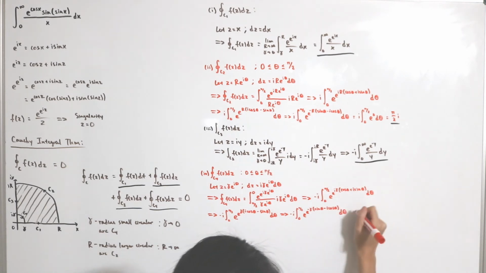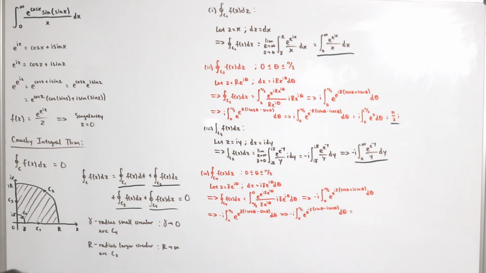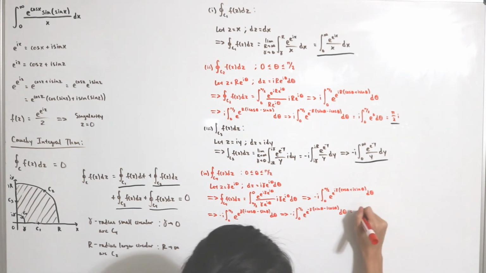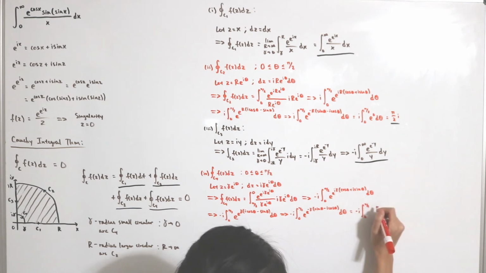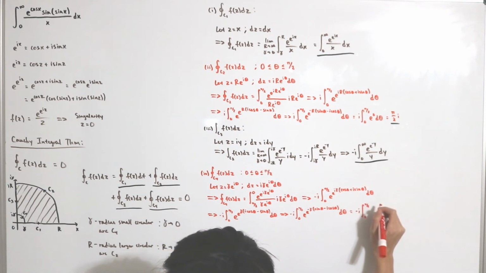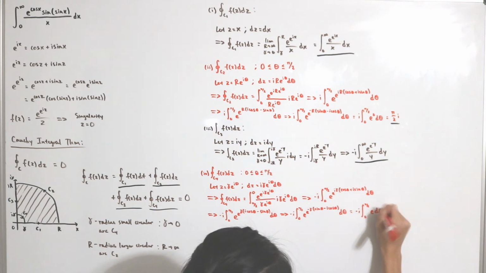Okay, and now again, there's a gamma, so we're also taking limits as gamma approaches 0. So notice that e to the negative 0 is just going to be e to the 0, which is just 1. So we're just left with negative i times the integral from 0 to pi over 2 of e to the i theta.